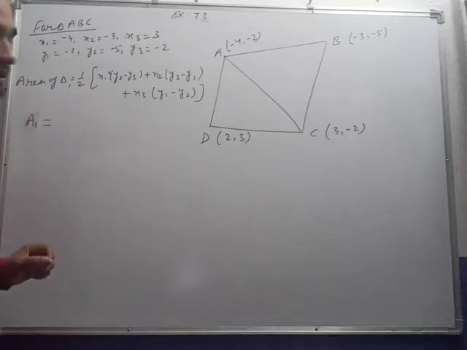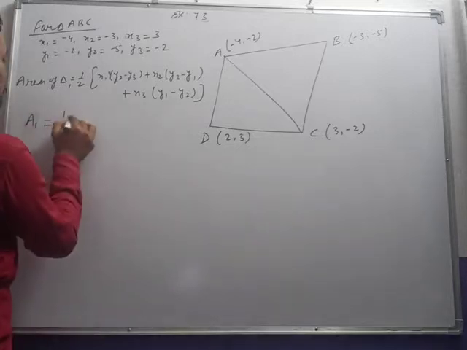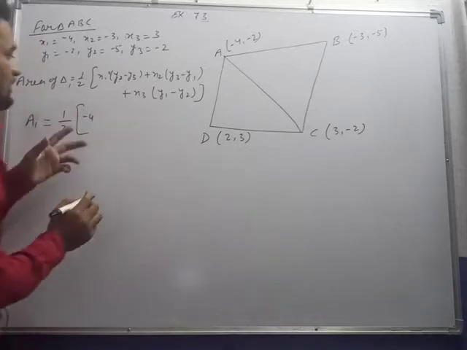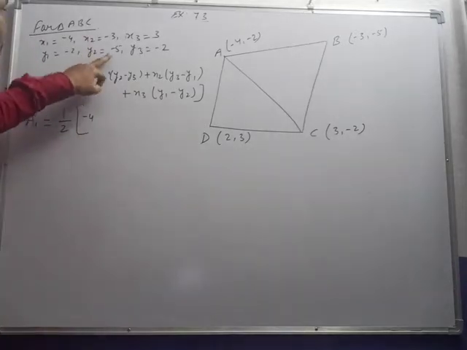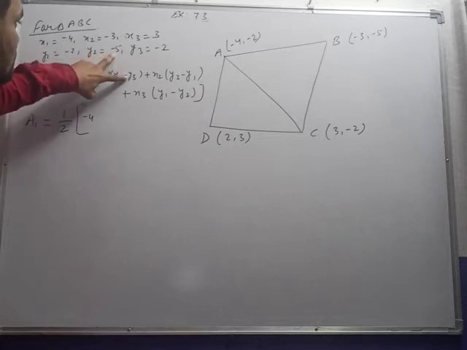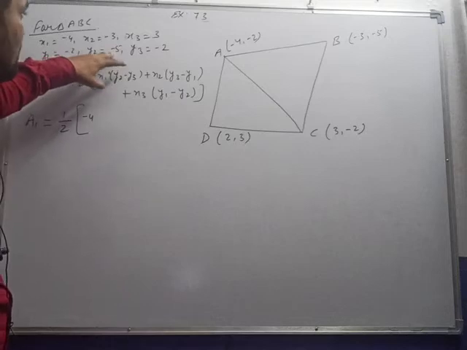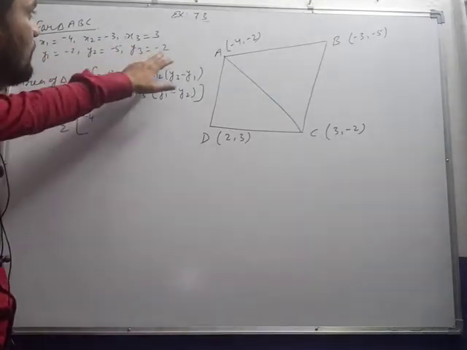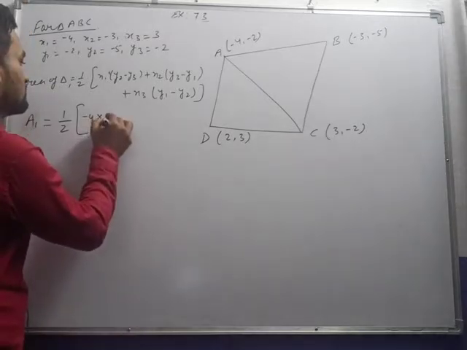A1 is half of x1, which is minus 4, times y2 minus y3, which is minus 5 plus 2, so minus 3.